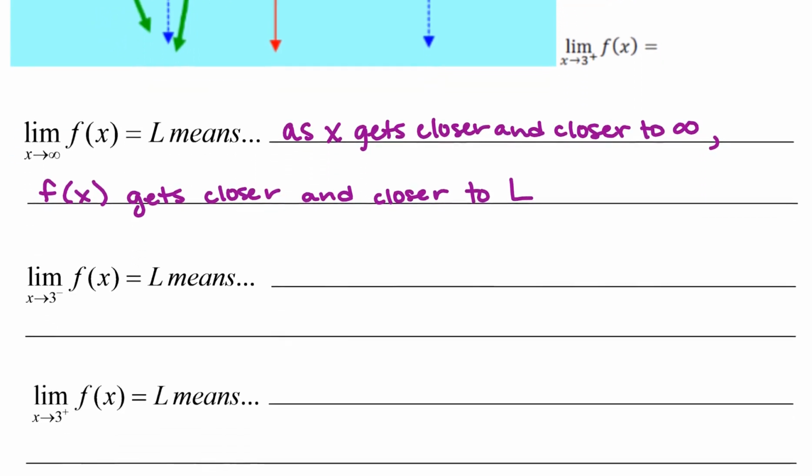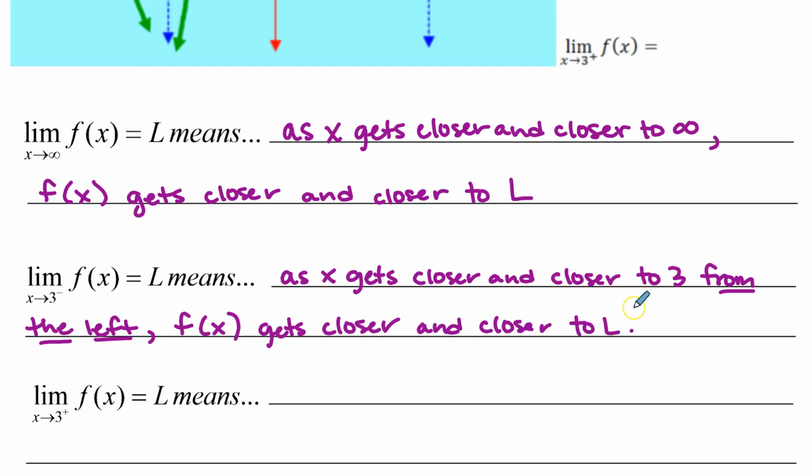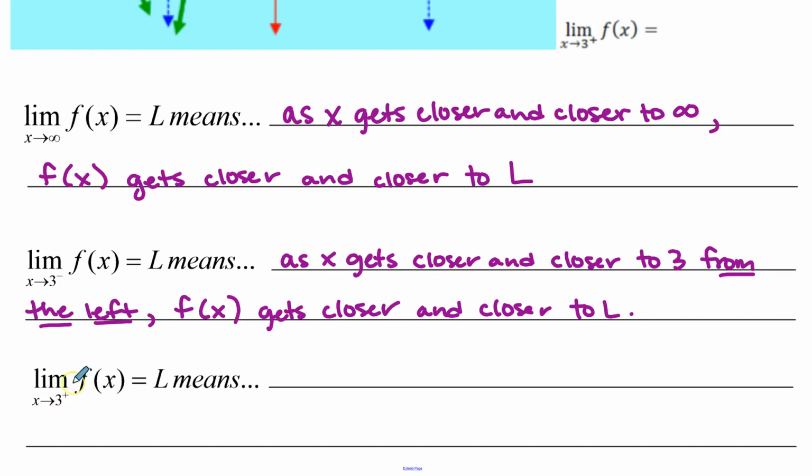We also have one-sided limits. So look at the next one. The limit of f of x as x approaches 3 from the left, that little minus sign afterwards, equals L, means as x gets closer and closer to 3 from the left, so coming at it just from that side, f of x, which would be the y value of the point, gets closer and closer to L. And then similarly, if you have a little plus sign after your x value, x approaches 3 from the right.